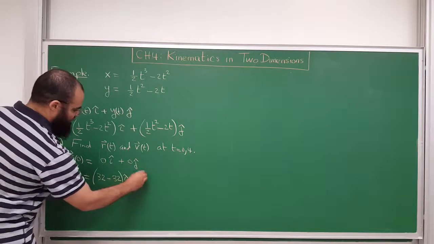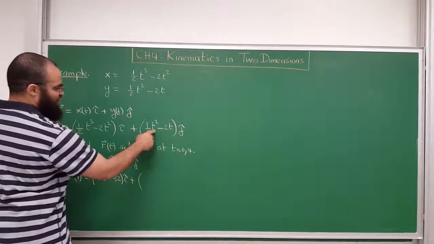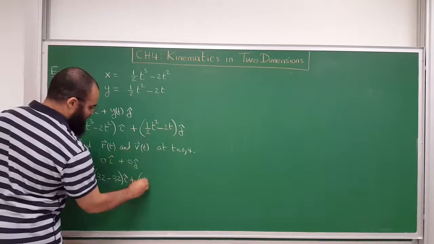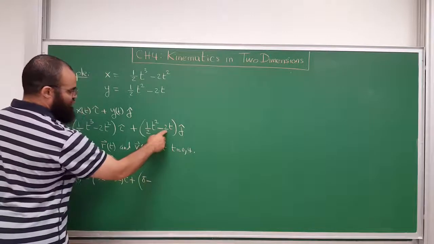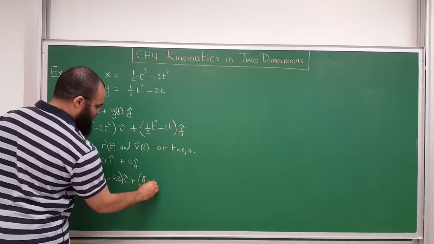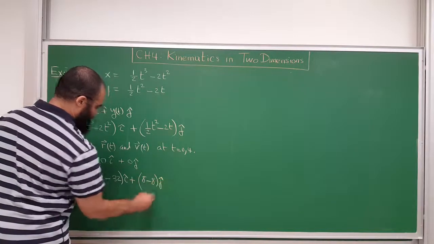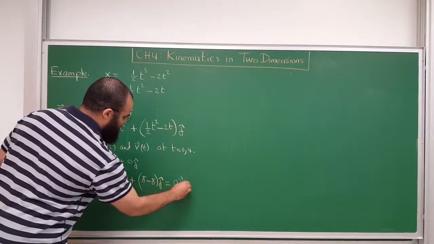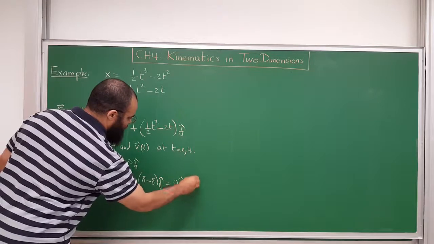And then plus, 1/2 of 4 squared, 4 squared is 16, over 2 is 8, and then minus 2 times 4, that's 8, so we get 0 j hat. So again, it's at 0, 0.